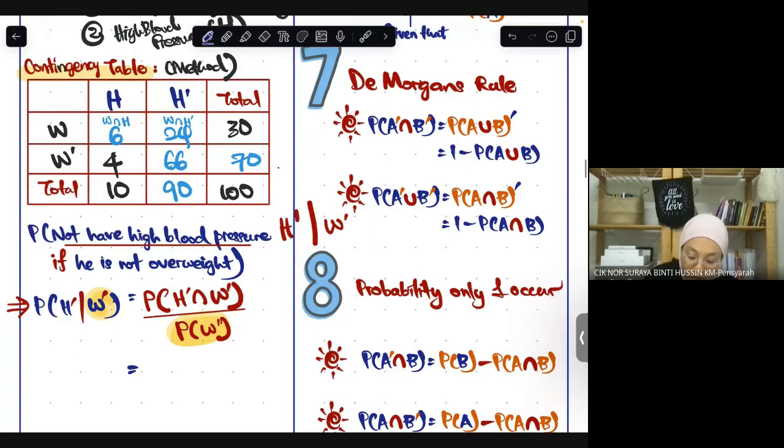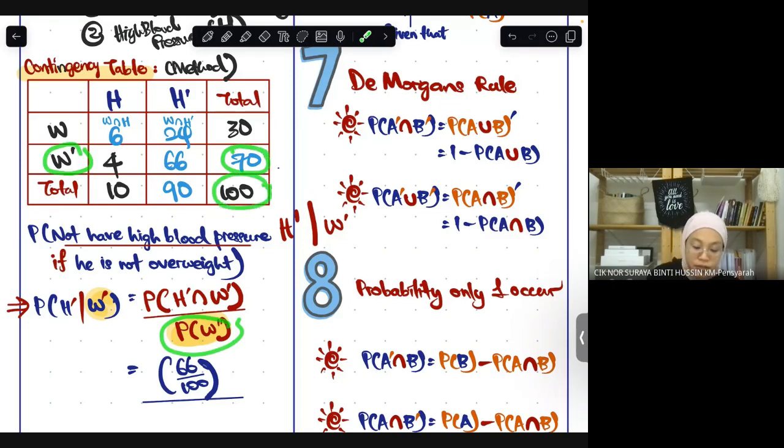So I write down here, above here is 66 out of 100. And then you must divide it with, atas adalah probability ya. Remember, these are the probability, this is P, this is probability mesti adalah something per something, it's a chances. Well, yang ini pula, probability of W prime is 70 out of 100.